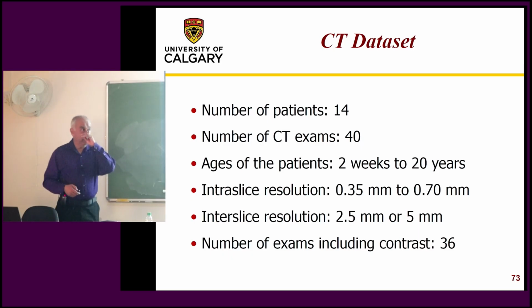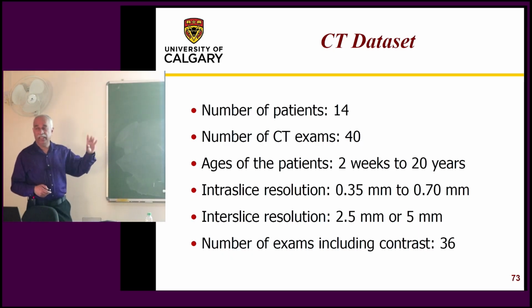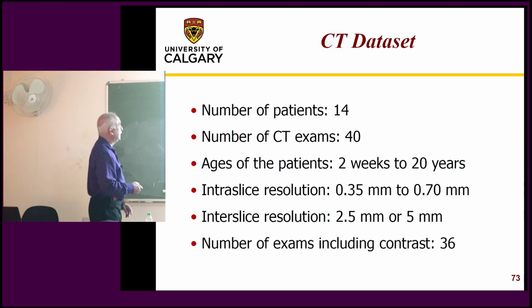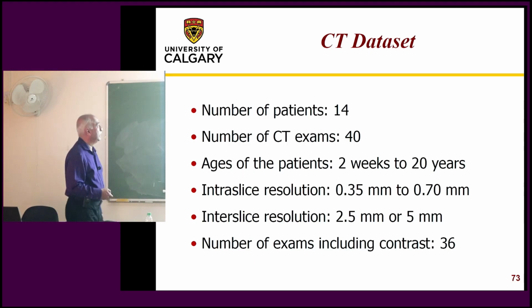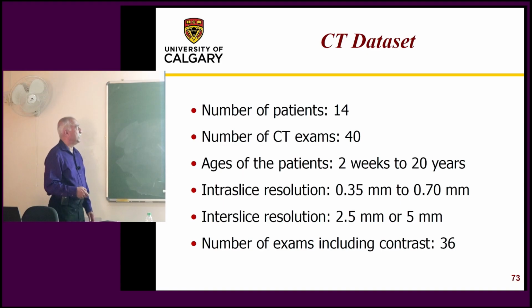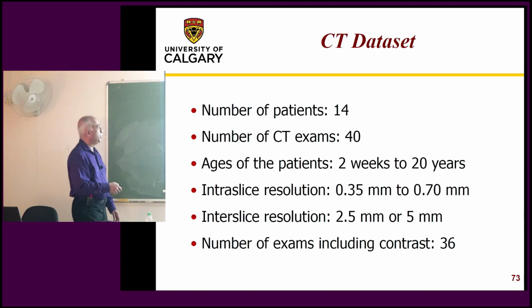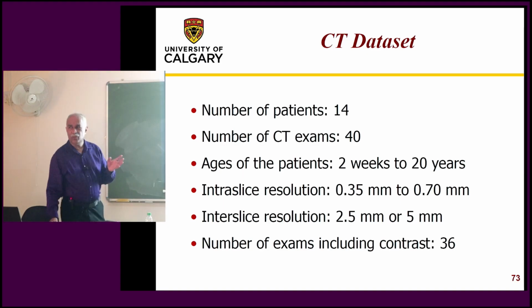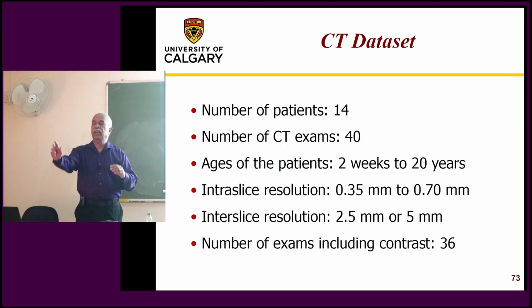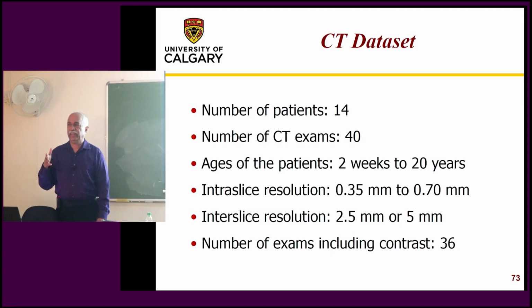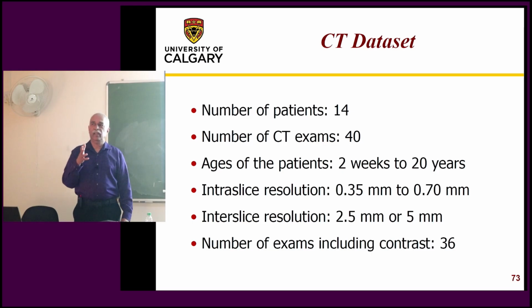So I'll show you some results of application of all of these techniques now. The CT data, we had 14 patients, pediatric cases, 40 CT exams. The ages of the patients, 2 weeks to 20 years. There was just one case, I think 1 or 2 cases. Until the age of 18 years, children are sent to the Alberta Children's Hospital.